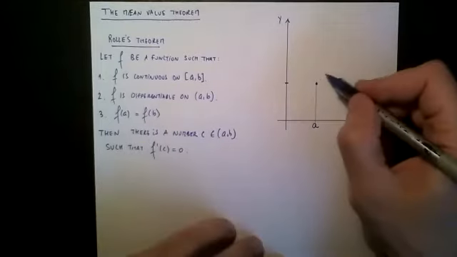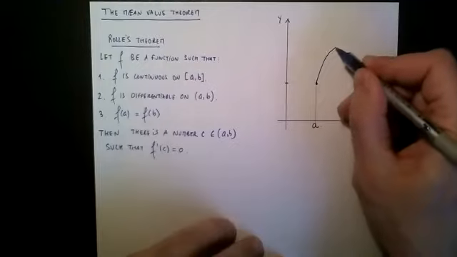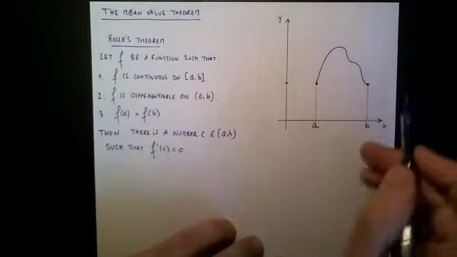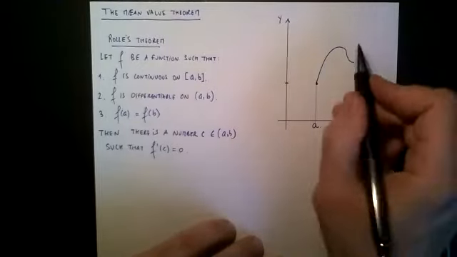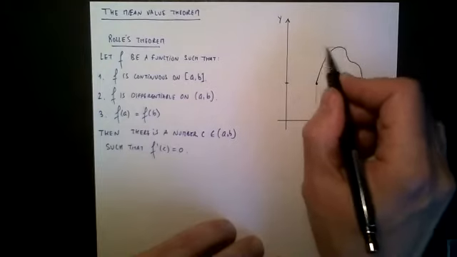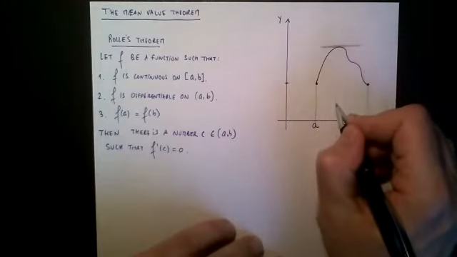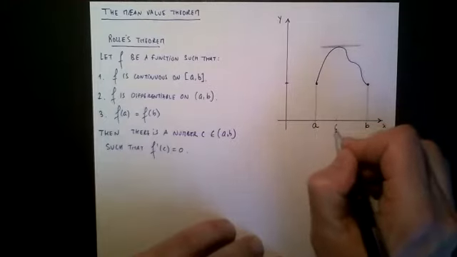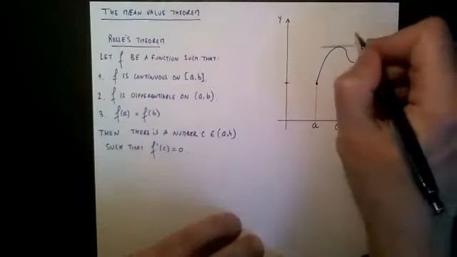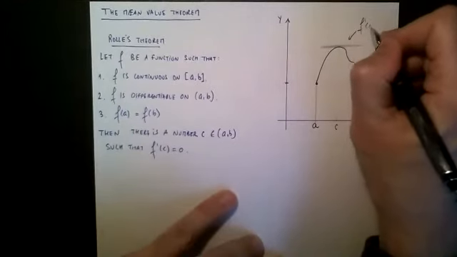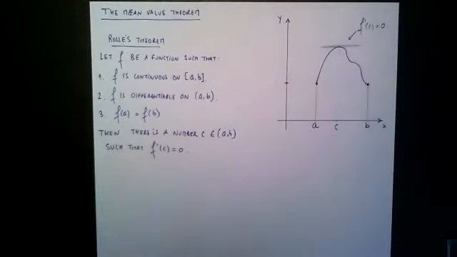So it's guaranteed that there's going to be a place where the slope of the tangent is 0. You understand? Okay.